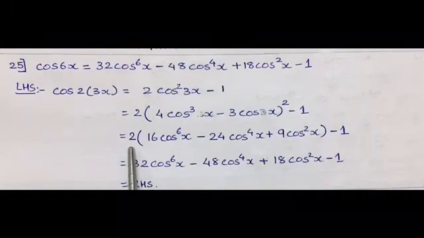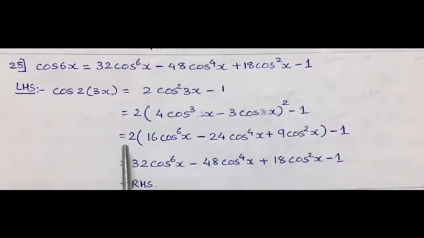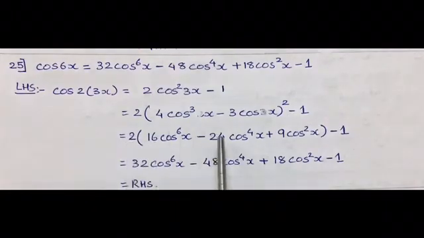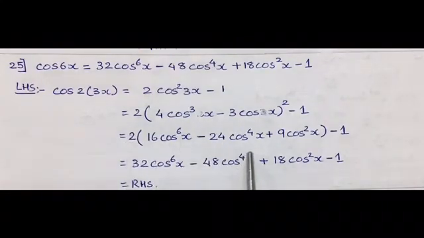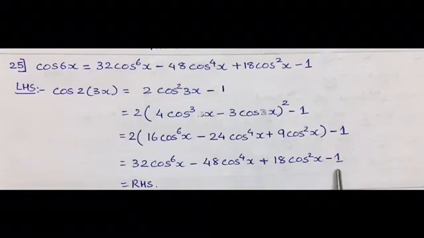2 is outside the bracket. Now after using the (a minus b) whole square formula, 2 is multiplied with all the terms inside the bracket. So 2 into 16 becomes 32 cos to the 6 x, minus 2 into 24 is 48 cos raised to 4 x, plus 2 into 9, 18 cos square x, and minus 1 is carried forward as it is.